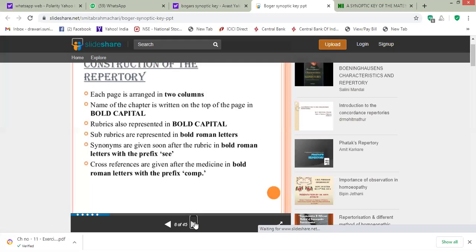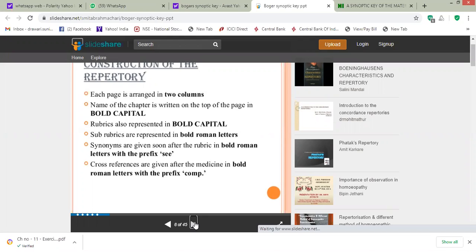How the repertory part or this analysis part is constructed: it is arranged in 2 columns. The name of the chapter is written on the top of the page in bold capitals. Rubrics are also represented in bold capitals. Sub-rubrics are represented in bold Roman letters.